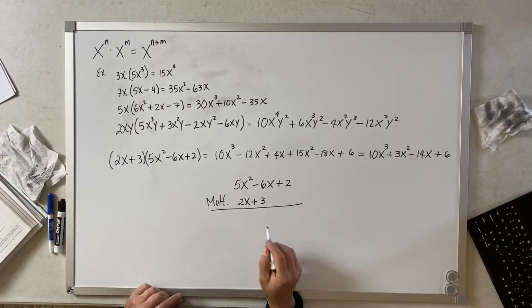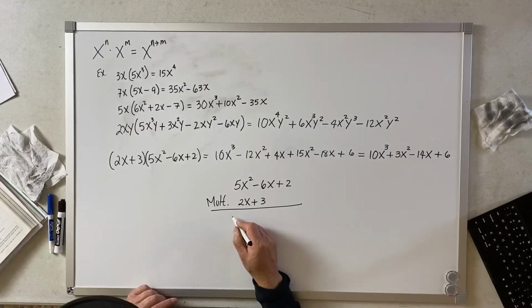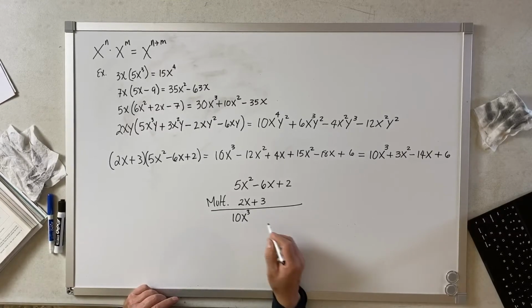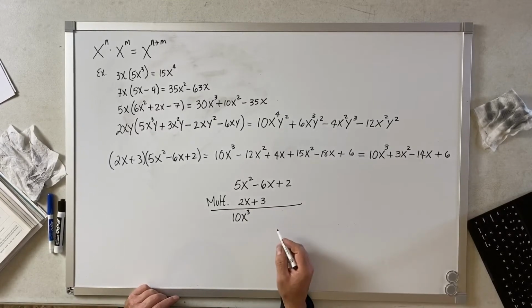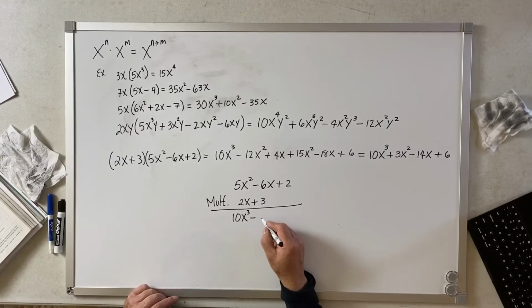So 2x times 5x squared is going to be 10x cubed. 2x times negative 6x is going to be negative 12x squared.